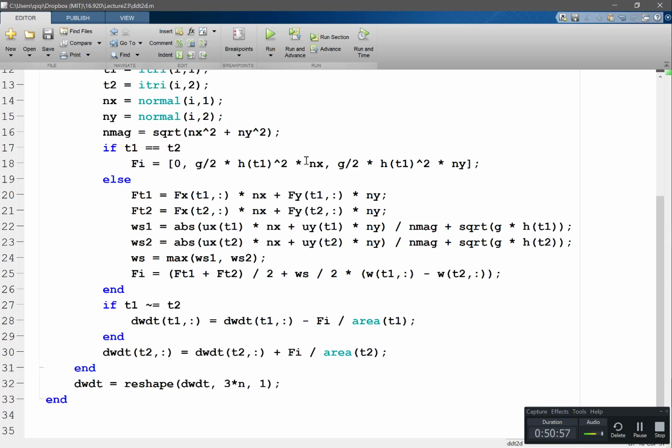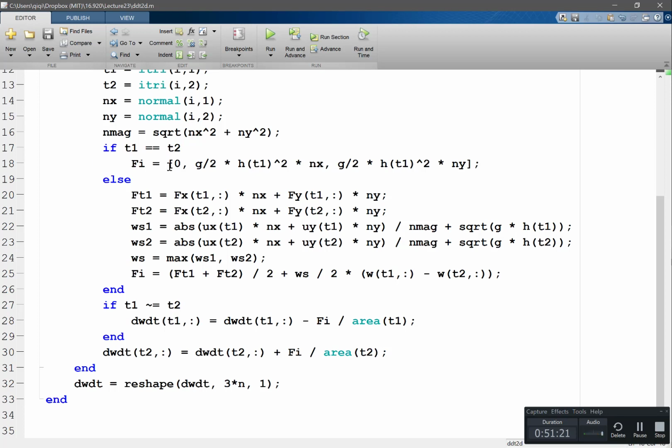So when I compute this interface flux, I'm computing the flux towards the normal direction, no matter if the normal is pointing outward or inward. So if the normal is pointing outward, I'm computing the flux outward, which means I should be subtracting.